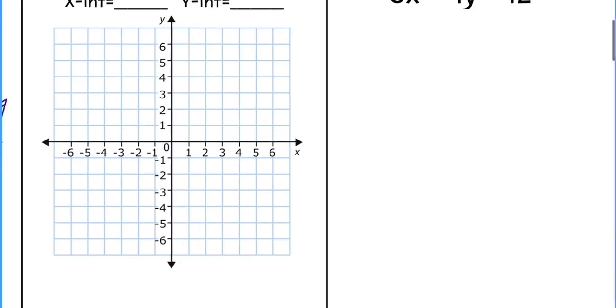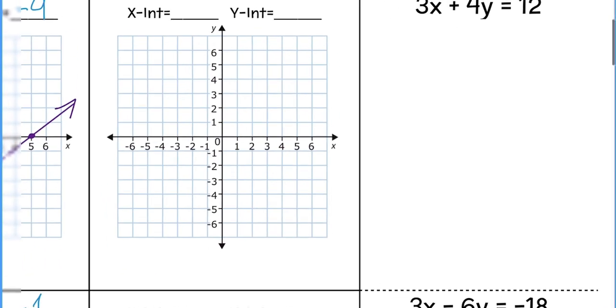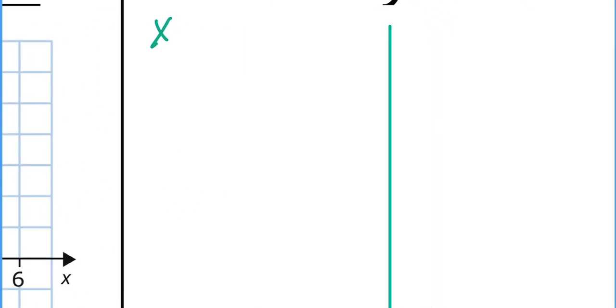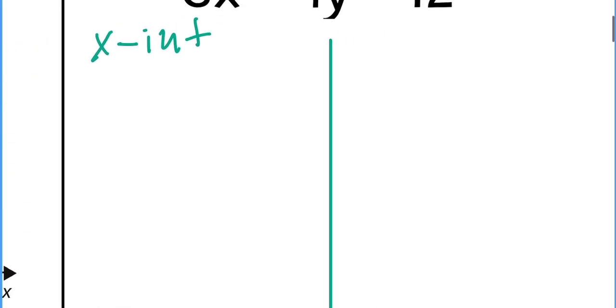So over here, I am actually going to divide my little box in 2, draw a line down the middle. And I'm going to do my x-intercept over here and my y-intercept over here.